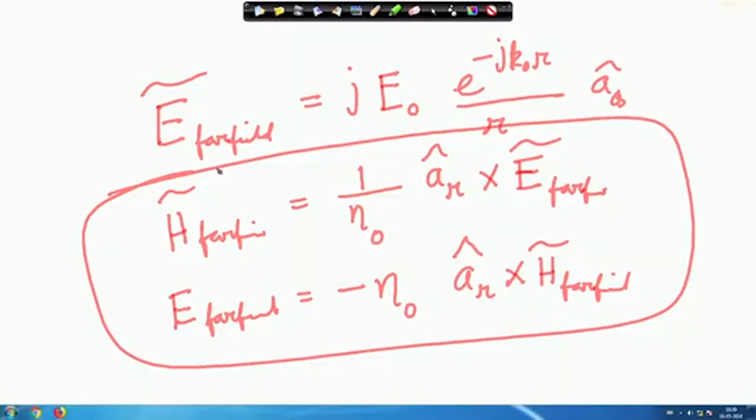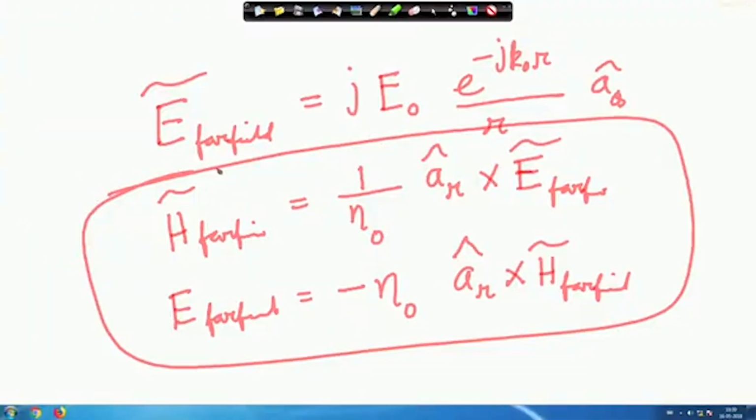So, they are locally plane wave, but not strictly speaking plane wave, because if they were plane wave, this e to the power minus j k naught r by r term wouldn't come. It is this divided by r that gives it its form, but at a sufficient distance, over a certain distance, we can consider it as a plane wave.